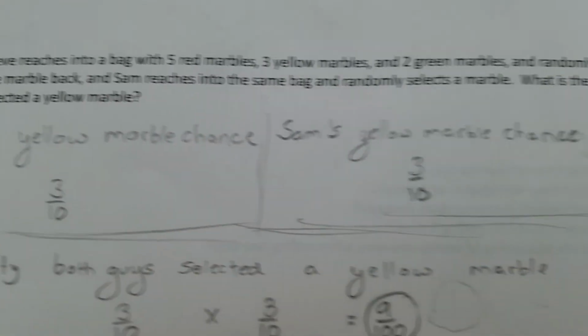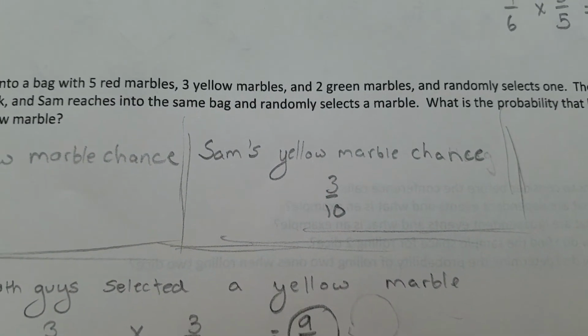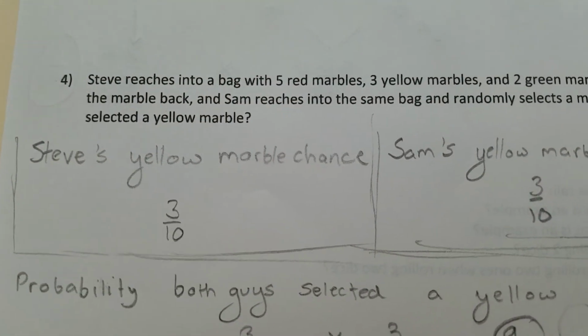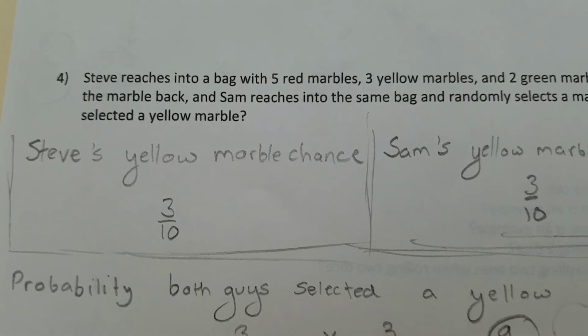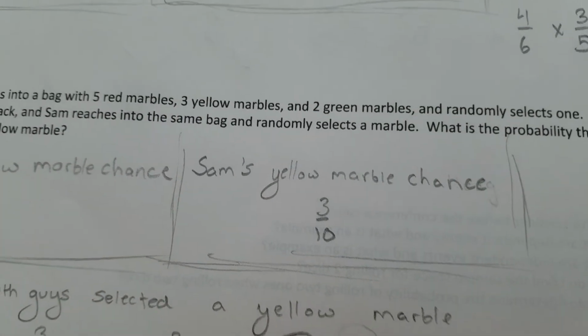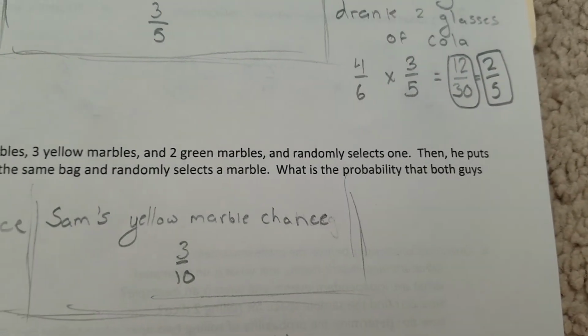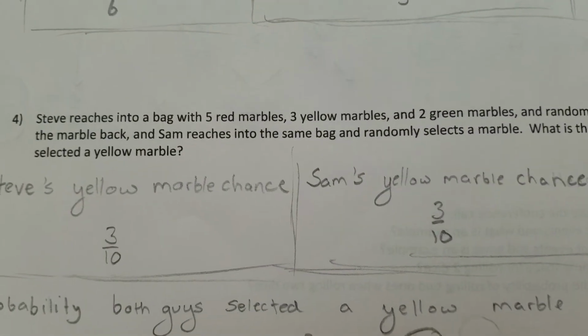Steve and Sam both are selecting, and Steve's yellow marble chance is 3/10, and Sam's yellow marble chance is 3/10 too. How is that possible? Because he puts the marble back.